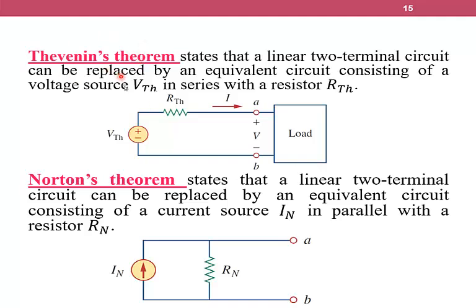So in the Thevenin theorem, there is voltage source V Thevenin in series with R Thevenin, and we have here R load. For Norton theorem, we have here IN, which is a current source, in parallel to RN, and we have here V terminals.